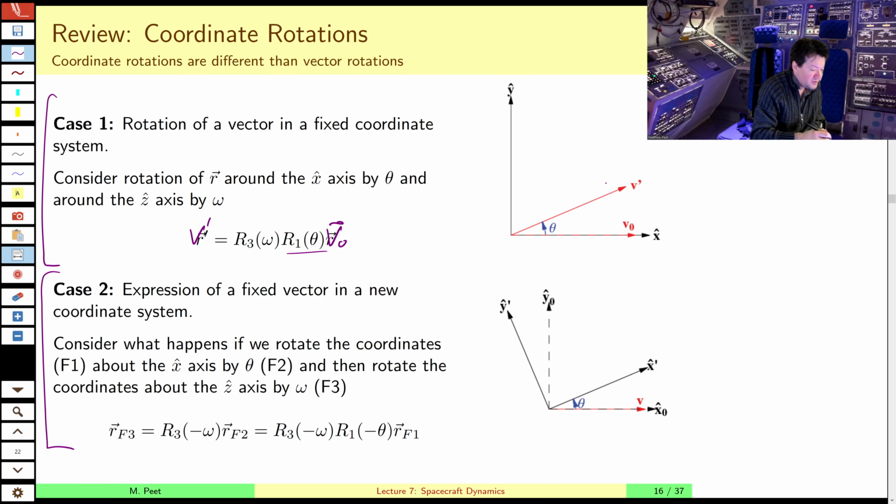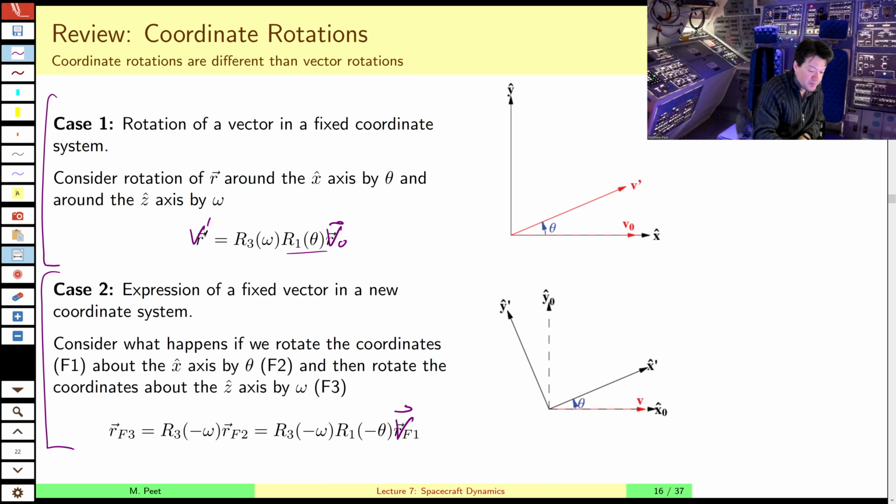Conversely, if you're finding a fixed vector, let's say it's v, and you want to rotate, we're not moving that vector, but we want to find its parameterization in our new coordinate system. Well, let's suppose we have three frames.